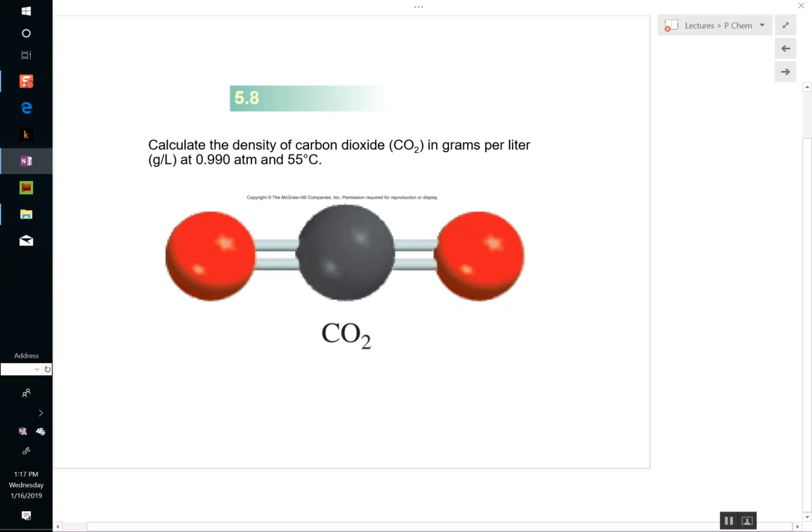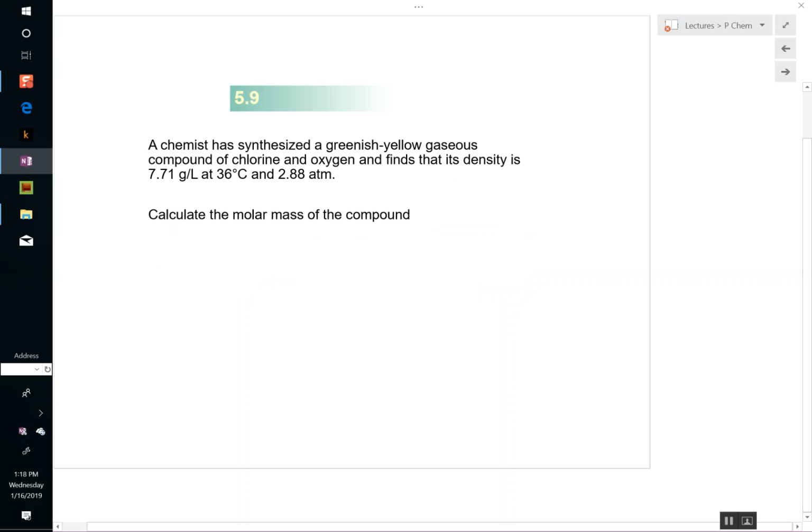We're not going to do this problem, but some of these slides are in there to warm up. Calculate the density of carbon dioxide in grams per liter at 0.990 atmospheres and 55 degrees centigrade. You would jump in there with the ideal gas law and calculate the density of carbon dioxide.